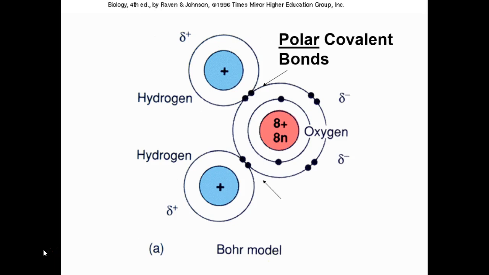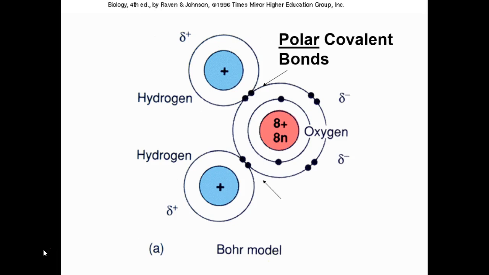So you start looking at water and you go, oh, look at that. It has basically 4 poles. It has 2 slight positives around the hydrogen, and 2 slight negatives around the oxygen. So water is described as a polar molecule, because it has one side that has a slight positive, one side that has a slight negative.